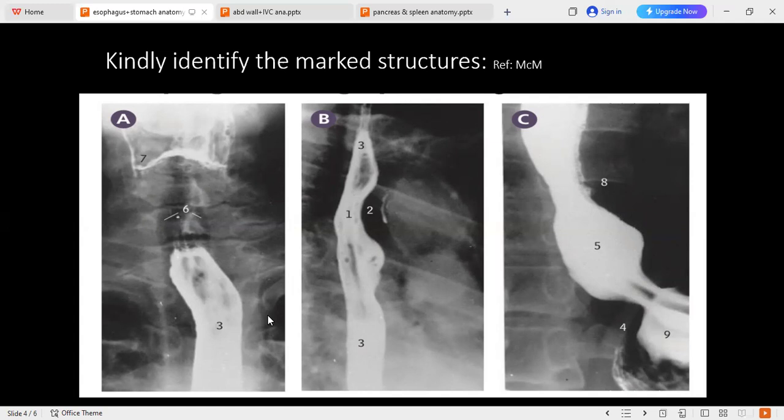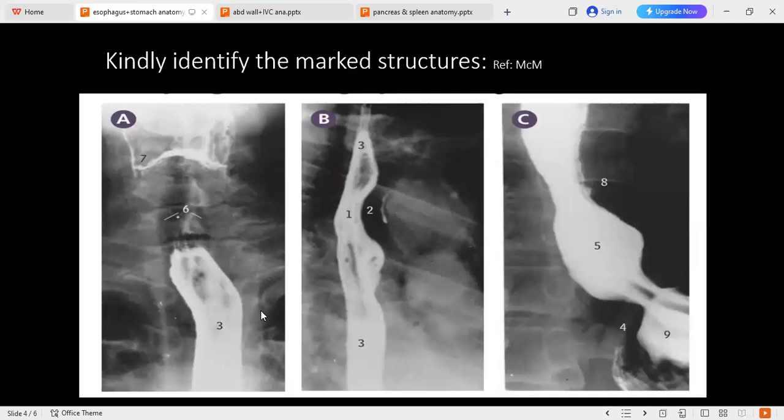It's a non-keratinized stratified squamous epithelium. The upper part has striated muscles. Middle part has both striated and smooth muscles, and lower part has only smooth muscles.